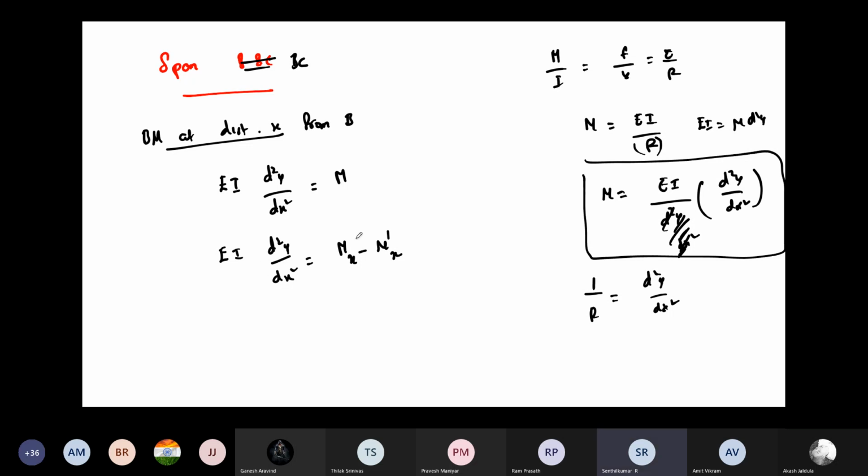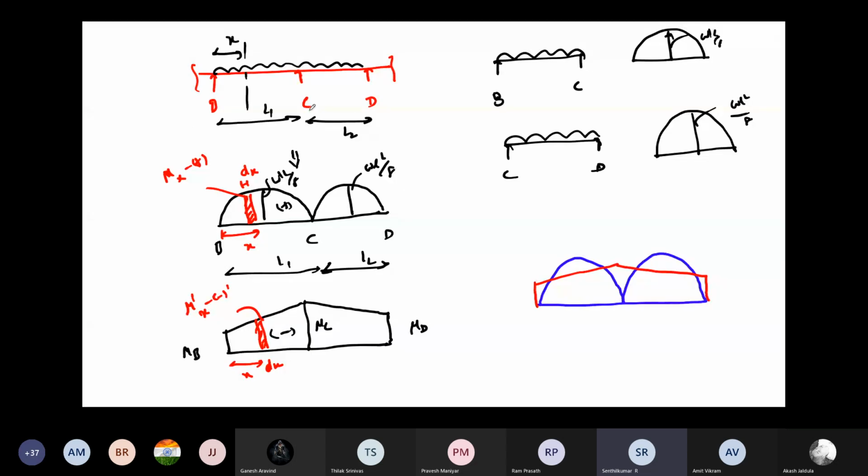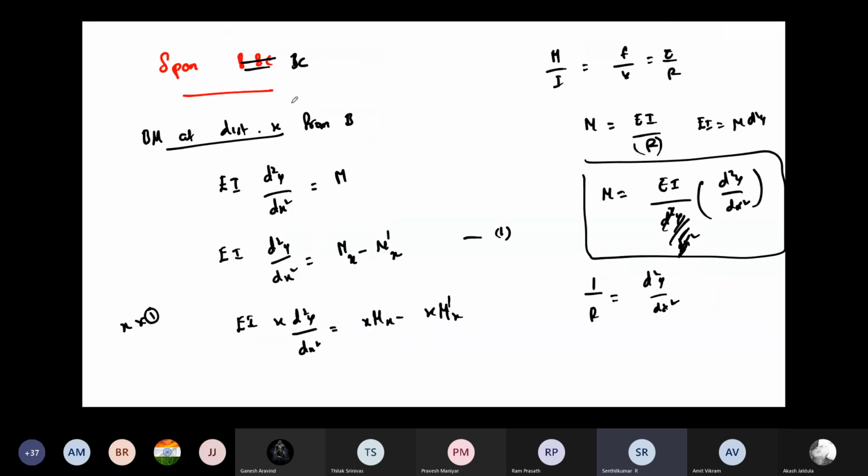So now I'm multiplying, take this as equation 1, by x. So EI x d square y by dx square equals x into Mx minus x into M dash x. And again I'm going to integrate with respect to this span, 0 to L1, since x is varying from 0 to L1.